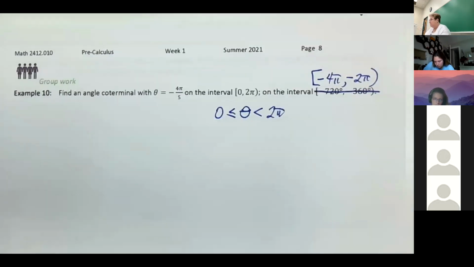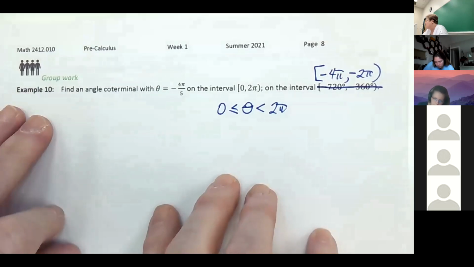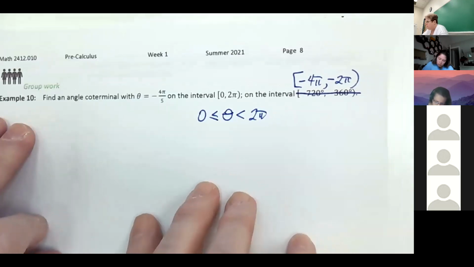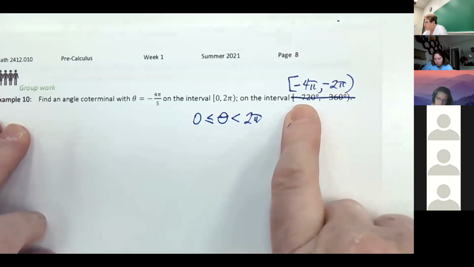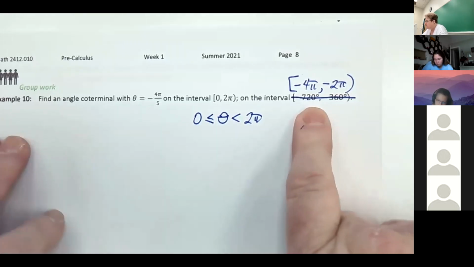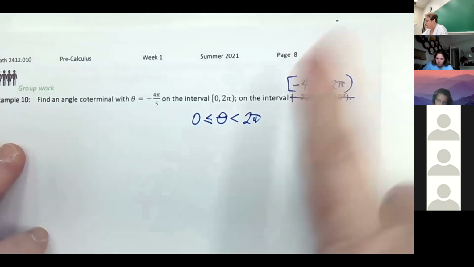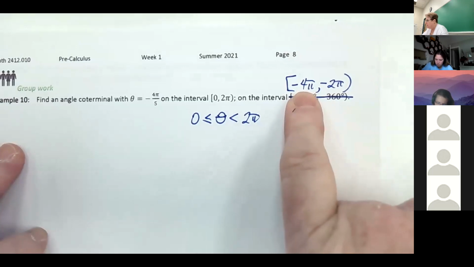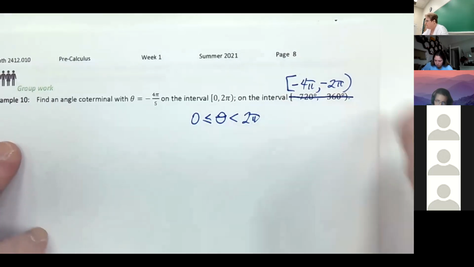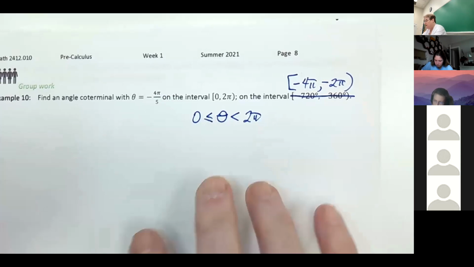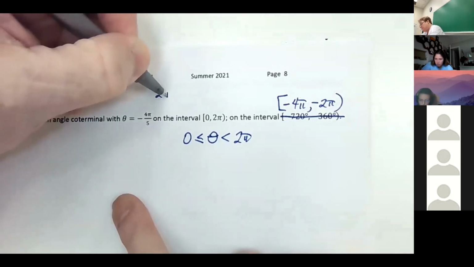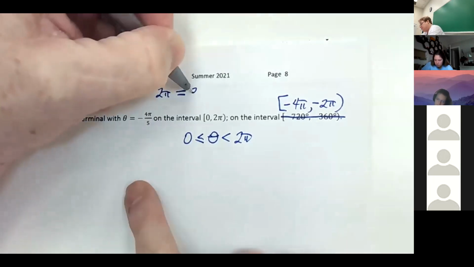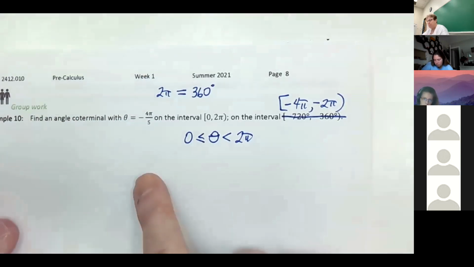Because negative 720 degrees is twice around in the negative direction. 360 is once around, and 2 pi is equivalent to 360 degrees.